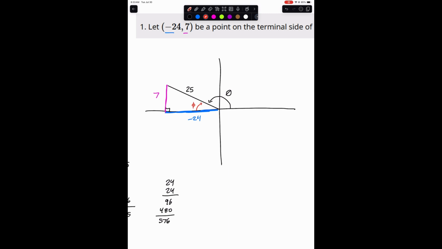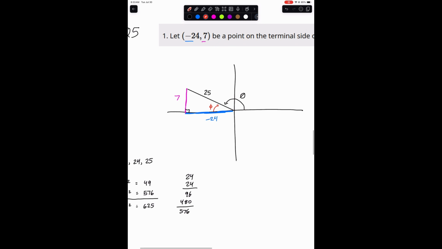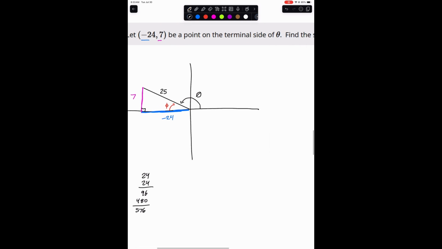Okay. The special thing about a reference angle is that the absolute value of our sine and cosine here is the same as the actual values on quadrant 1.